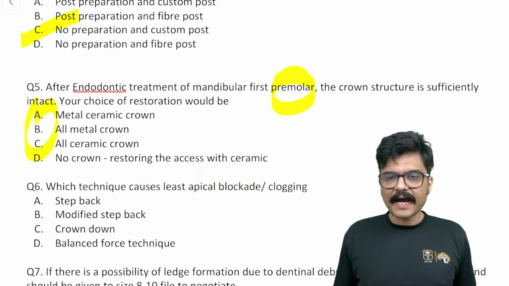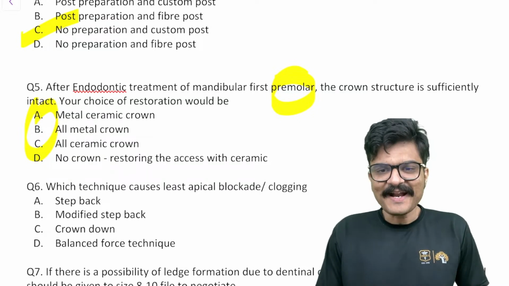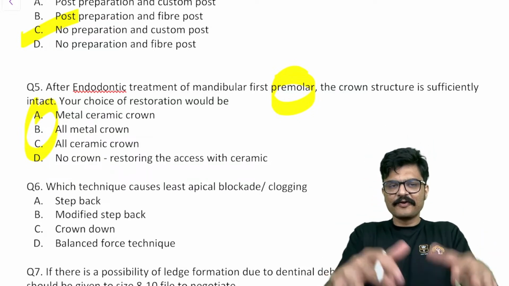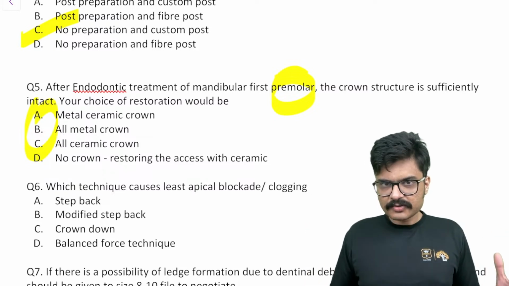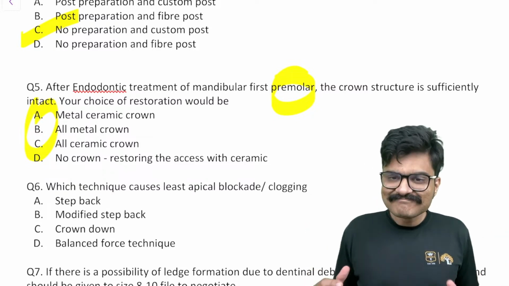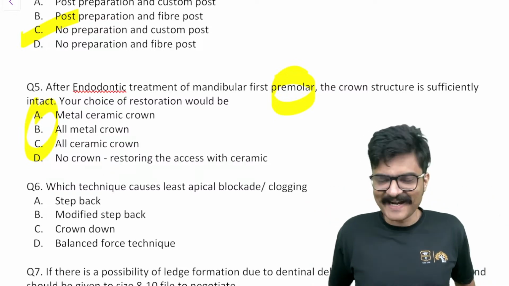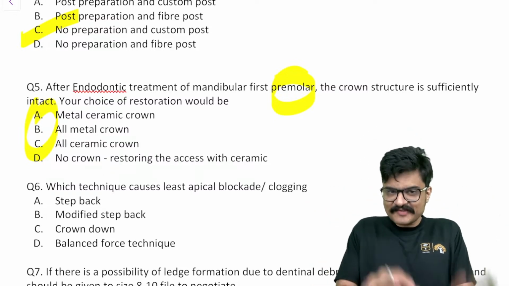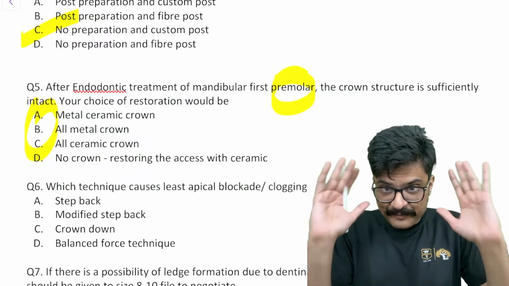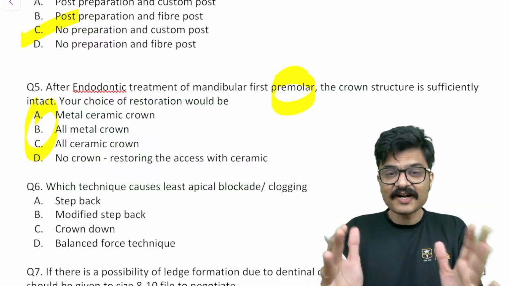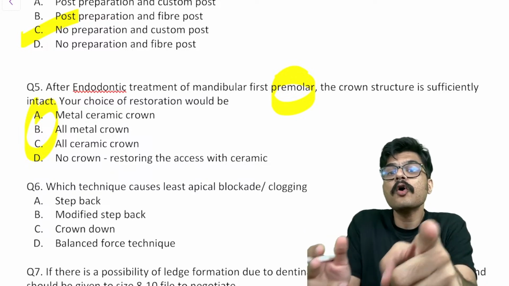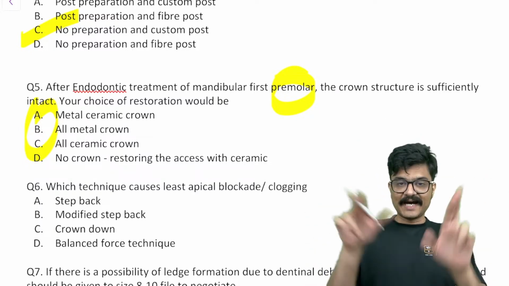I cannot choose either of the three, right? That means for me, either all three are correct or all three are wrong. All three cannot be correct because I don't have an option, right? So that means this question is constructed keeping in mind that you're going to follow Cohen. Now here, that's the catch.